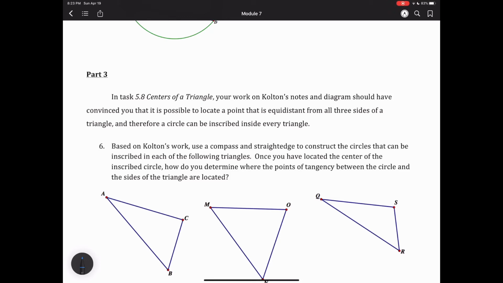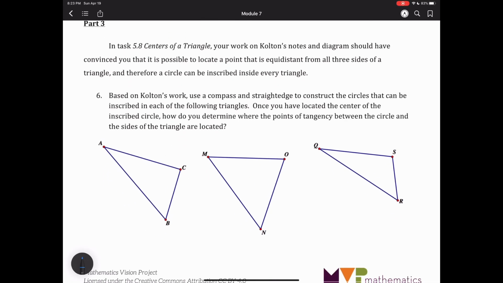So there's a difference between inscribing a circle and circumscribing a circle, right? Circumscribing is using the vertices to surround a circle, whereas inscribing, you're making a circle within this triangle, okay?